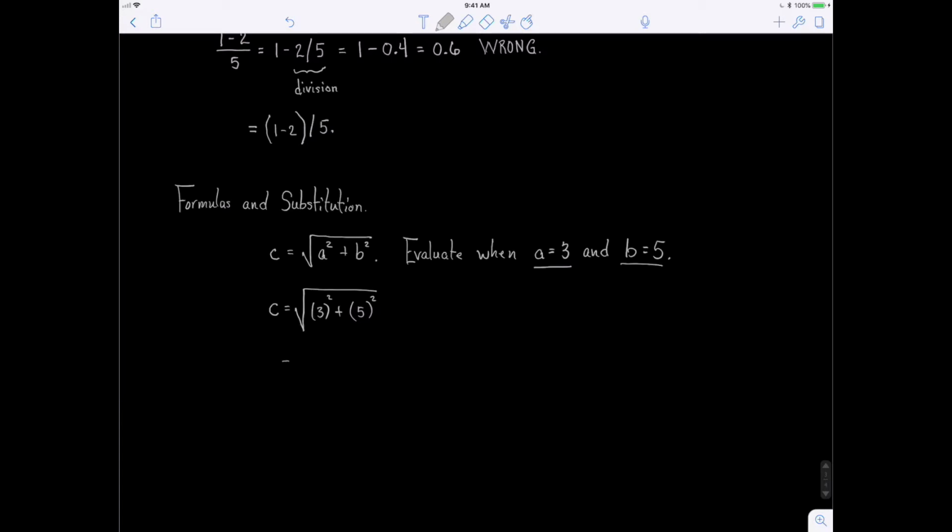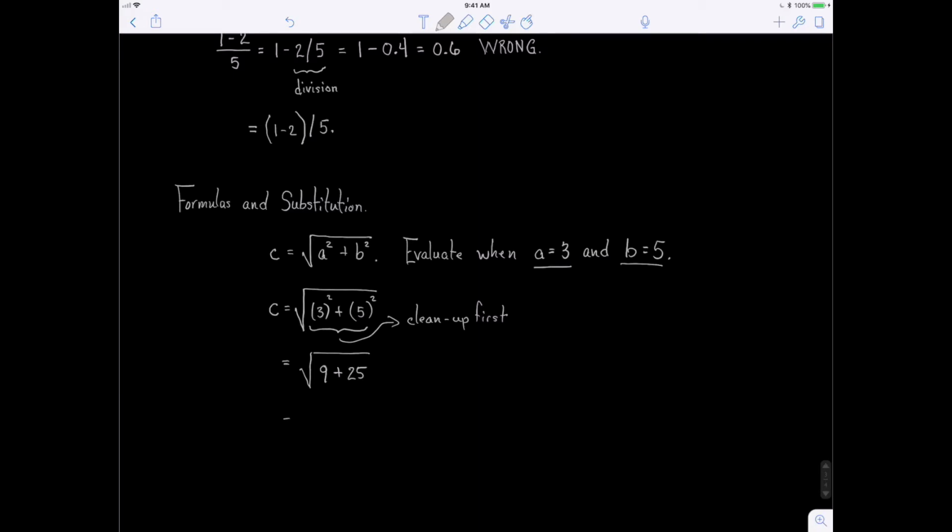So then we clean up inside of the square root first. We can't take the square root of 3 squared and the square root of 5 squared separately. First, we have to clean up all of this. It's kind of like a fraction, so we have to do cleanup first. Okay, so this becomes the square root of 3 squared, that's 9, plus 5 squared, that's 25.